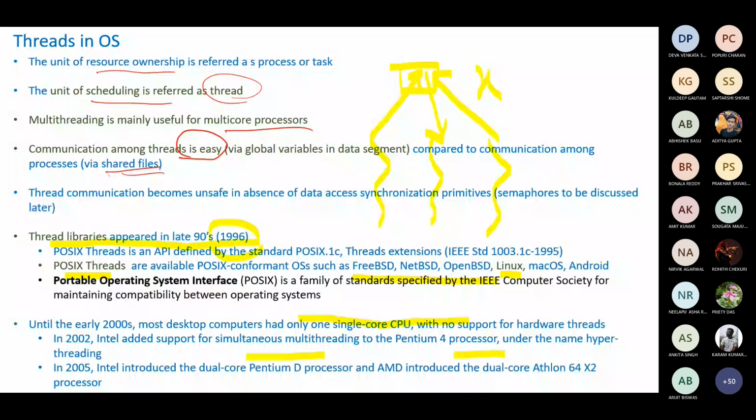So thread communication must take care of proper synchronization primitives like semaphores and all.